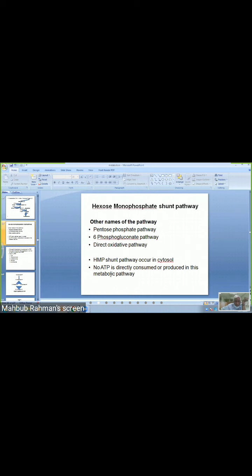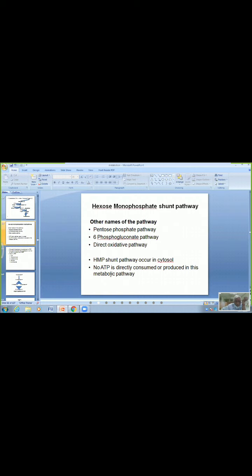When glycolysis occurs, 90% of glucose 6-phosphate is oxidized in the Embden-Meyerhof glycolytic pathway. 10% of glucose 6-phosphate is oxidized in the hexose monophosphate shunt pathway for production of ribose sugar, and not only ribose but also NADPH.